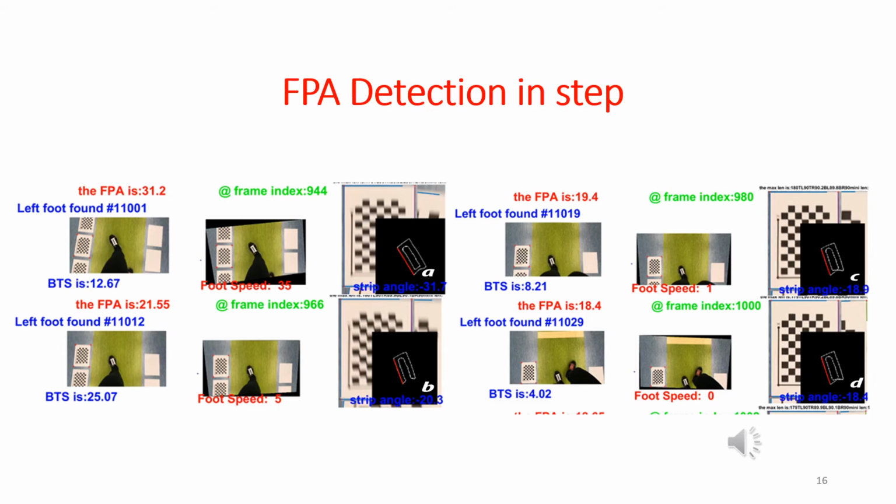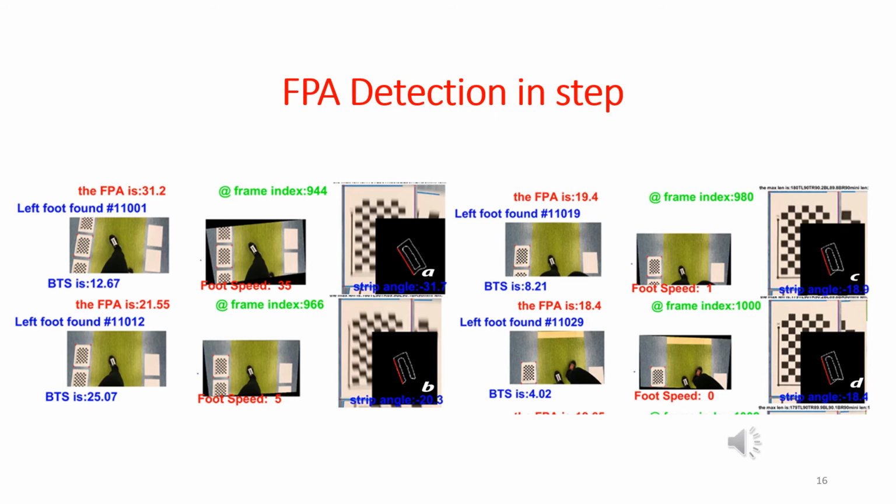At this stage, we can see the body trunk angle is 12.67 and the foot speed is 35 centimeters per second. This means the foot is still moving, so we don't accept the data at this stage.